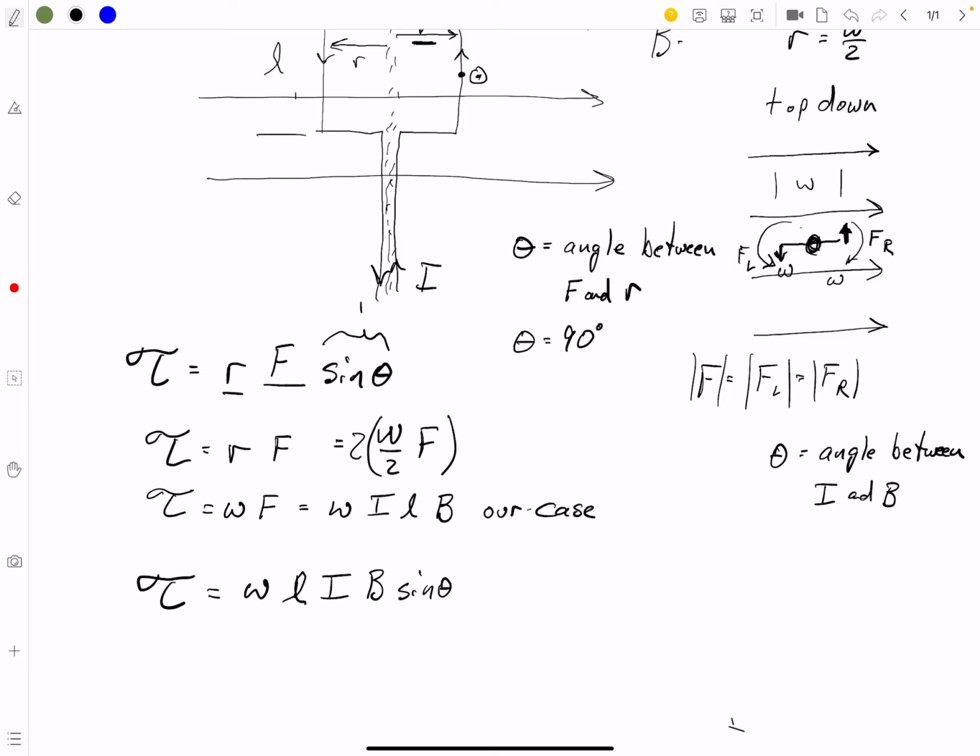All right. So this is the general equation, and then we apply that general equation to our situations. We're going to continue with this same situation.